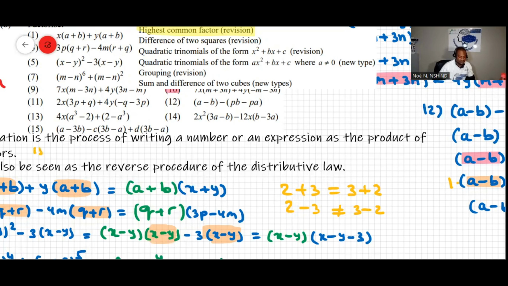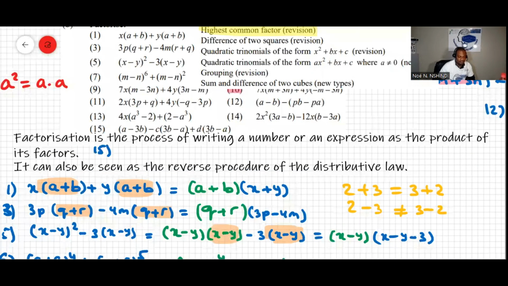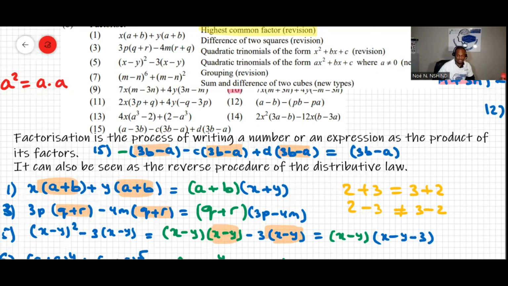It's going to be question 15. I'll change it. It's going to be 3b minus a, and now because I switched the sides, I make it negative. I put negative there, so it's negative c, 3b minus a, plus d, open brackets, 3b minus a. Now that we have this and that common, we can just write equal to 3b minus a in the bracket like that, open bracket.